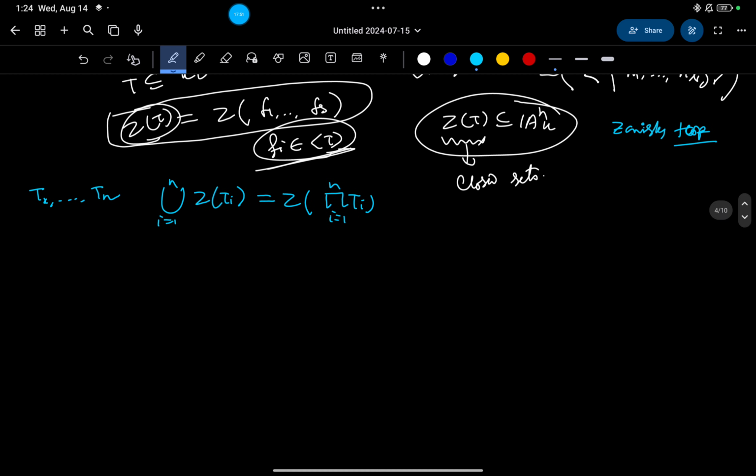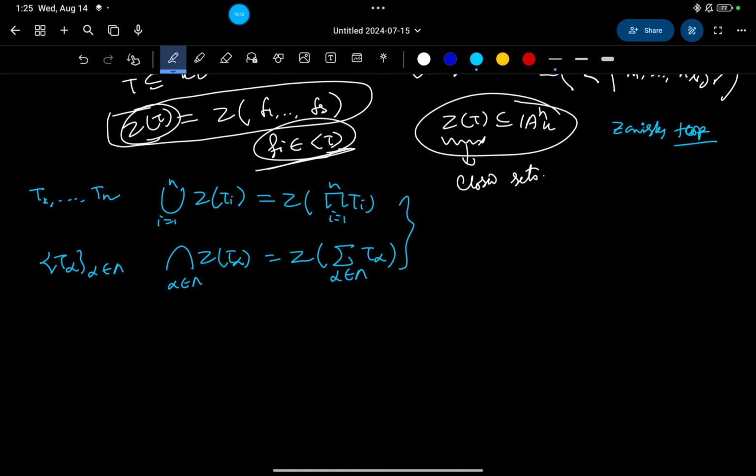As well as if I take any arbitrary collection of T alphas, then the intersection of Z(T alpha) is Z of the sum of the T alphas. So these two are small exercises for you.